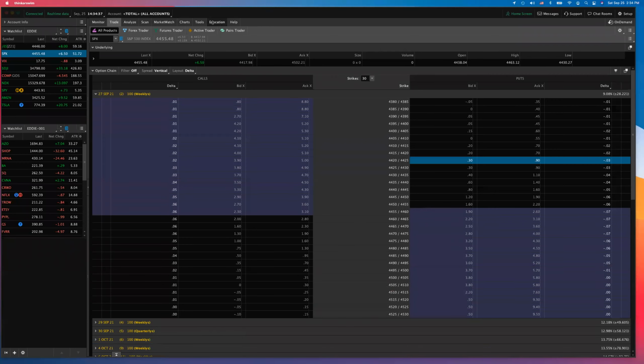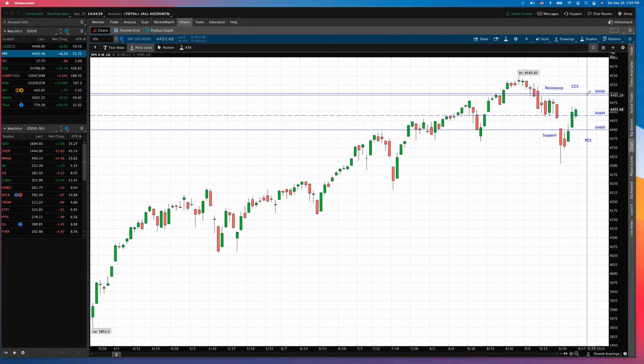Let's do an example using the CCS. So the CCS, we're going to look for premium above 44.80, I would say, because we've identified a potential move of about 30 points.